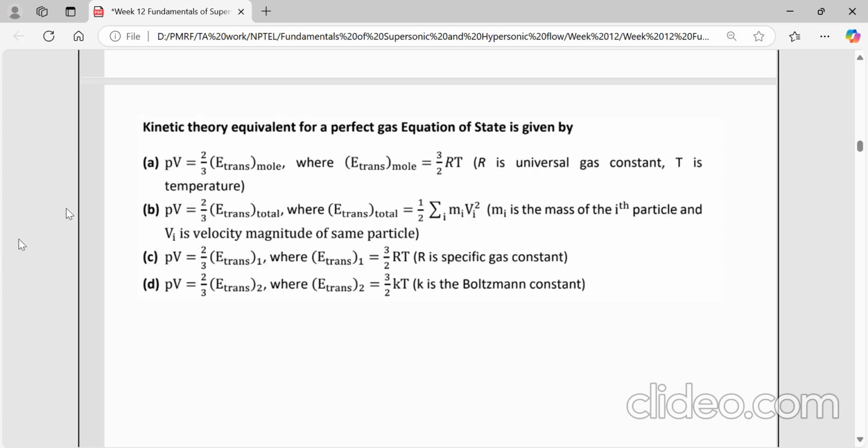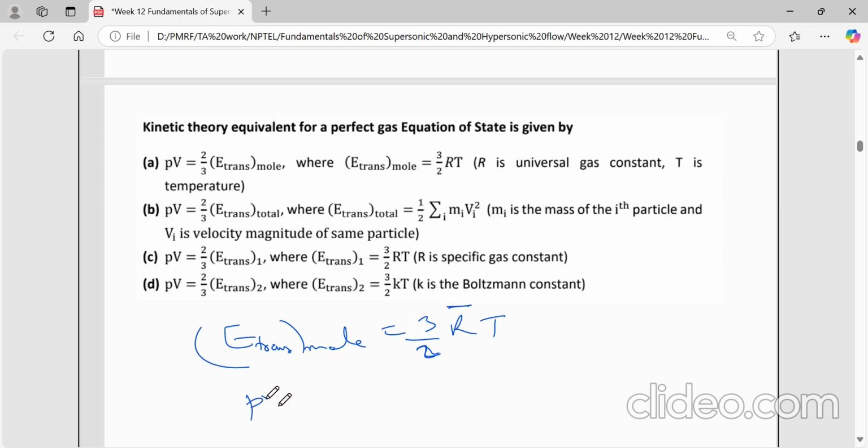So first thing to know that E translational mole is 3 by 2 RT per mole, and this R is the universal gas constant. So per mole energy of the gas is given by 3 by 2 RT, translation energy.